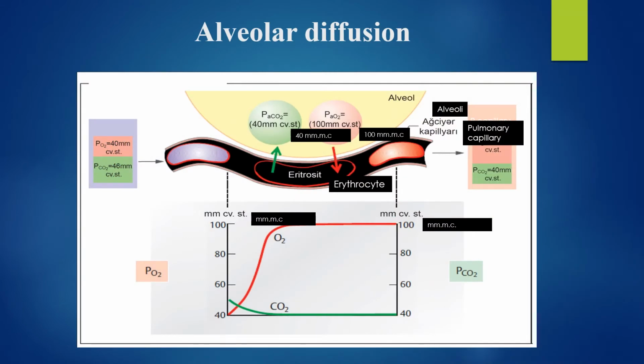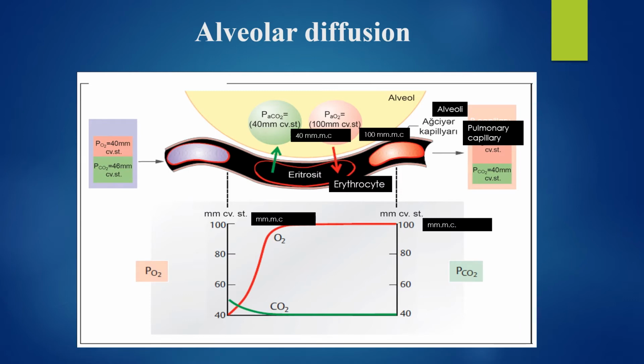Alveolar diffusion provides the transition of oxygen from the alveolar cavity to the pulmonary capillaries and of carbon dioxide in the opposite direction. In the initial part of the pulmonary capillaries, the partial pressure of oxygen in the blood is less than in alveolar air. Red blood cells are enriched with oxygen as they move in the capillaries. The diagram below shows how the partial pressure of gases changes in the blood before and after flowing to the lungs.